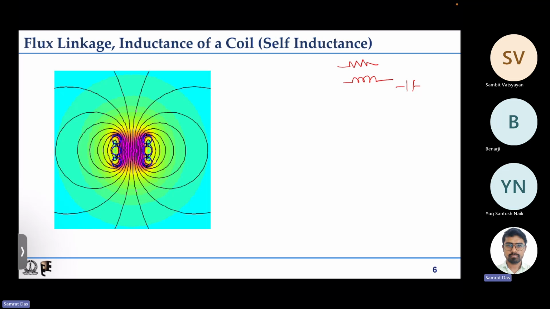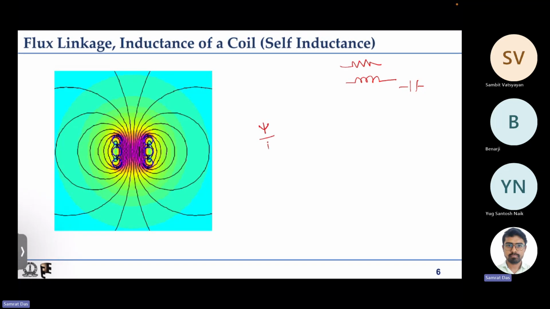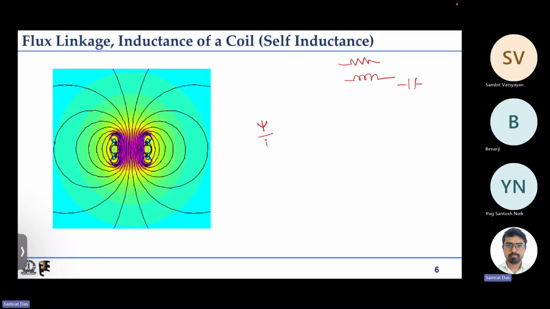When the current of the coil itself produces the magnetic field, that produces certain flux, and that flux links the coil, that ratio of flux linkage to current is defined as the self inductance.